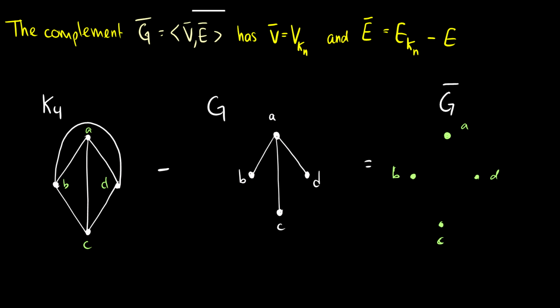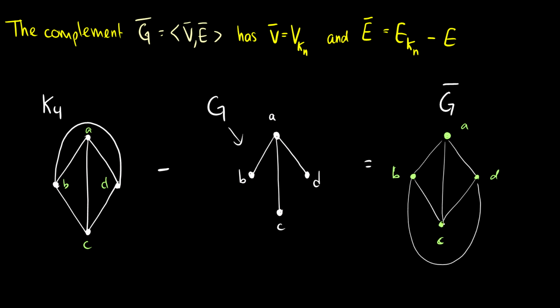And what we do is we say, okay, it has all of the edges. So we should have an edge here, an edge here, an edge here, an edge here, one here, and then we'll loop this around here. But we subtract all of the edges in G. So we remove the edge between A and B. We remove the edge between, sorry, this graph was wrong.